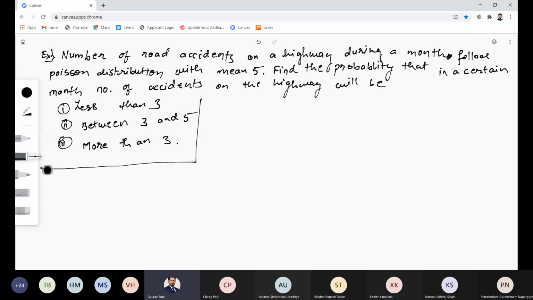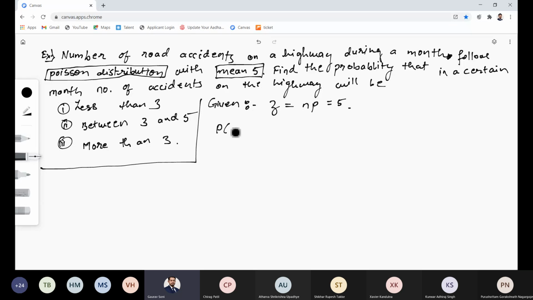What is given to us in this case? Mean is given to us. Okay, so what is the value that is given to us? They are saying that the number of road accidents on a highway follows the Poisson distribution, and Z is equal to NP, which is given to be 5. So the value of Z is given to us.